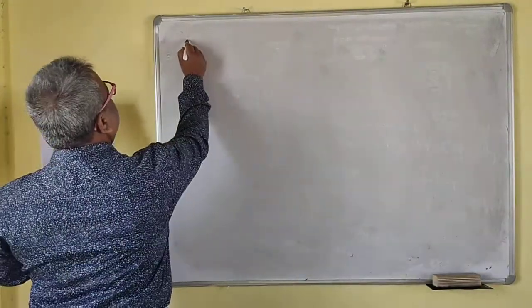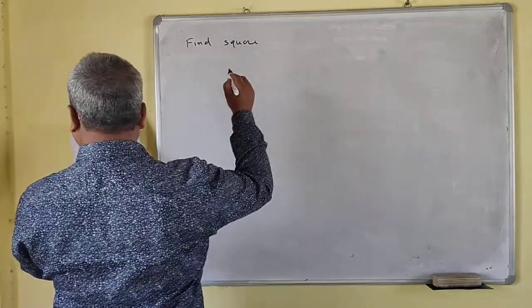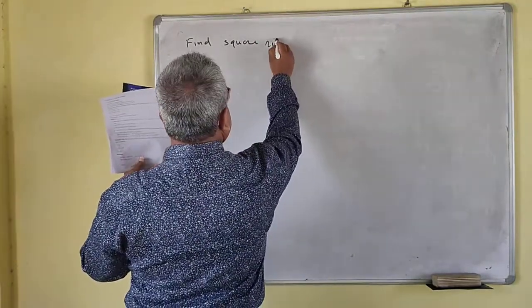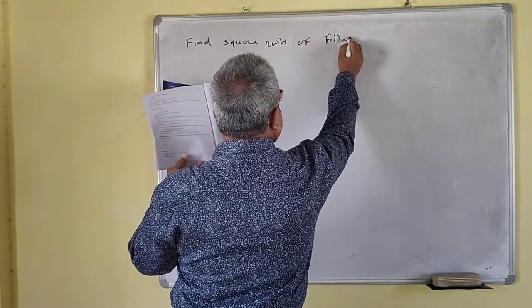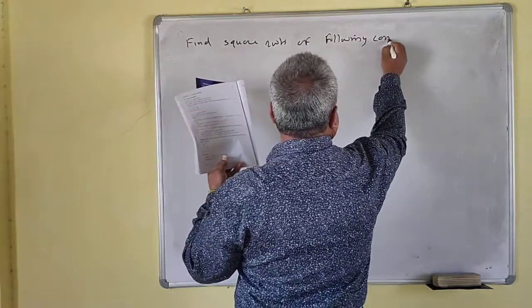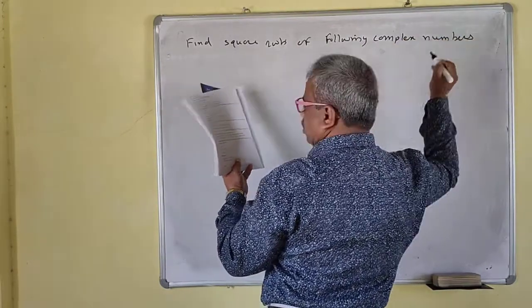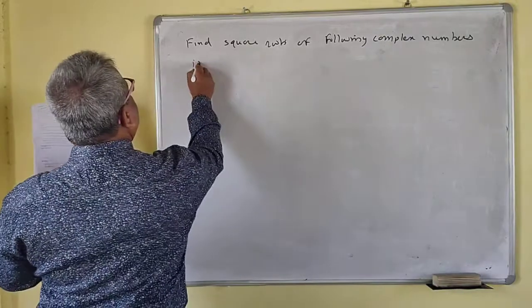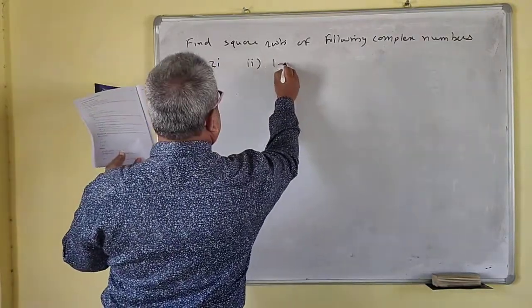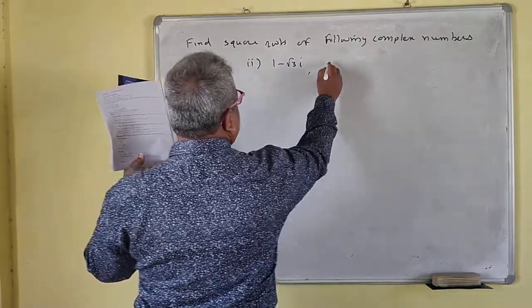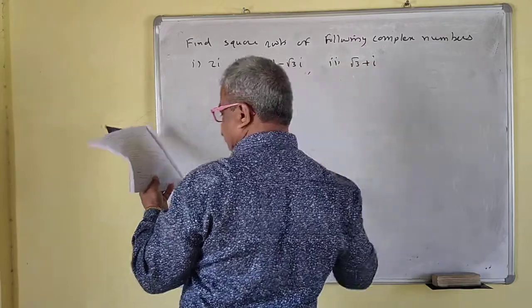Find the square roots of the following complex numbers: first, 2i; second, 1 minus root 3 i; and third, root 3 plus i.